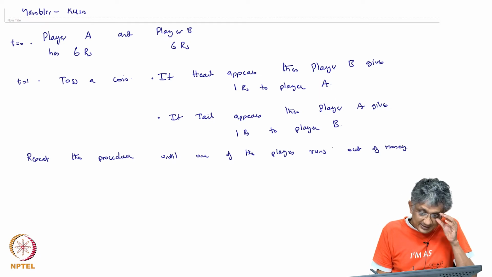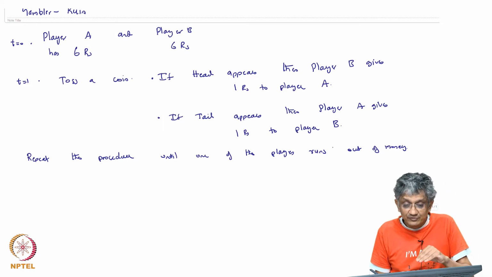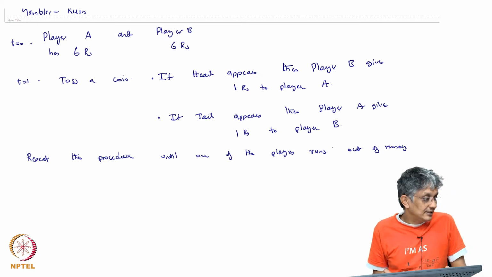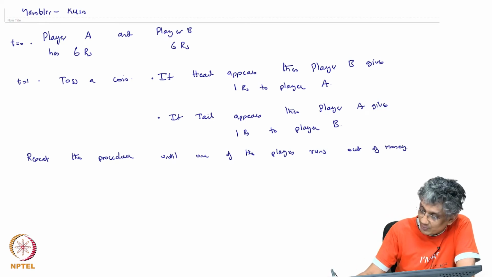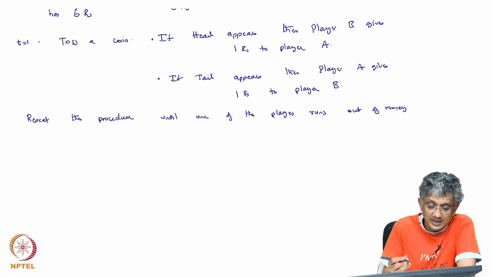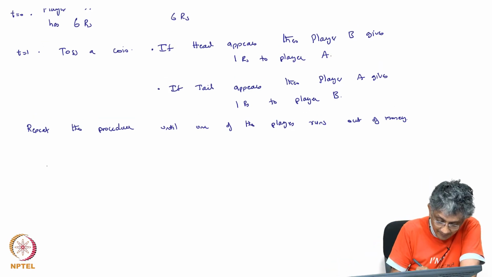So now let's say at the end of 3 rounds, no one has lost money. Each round one person loses money or gains money, right? So let's do a simple question. Question 1.